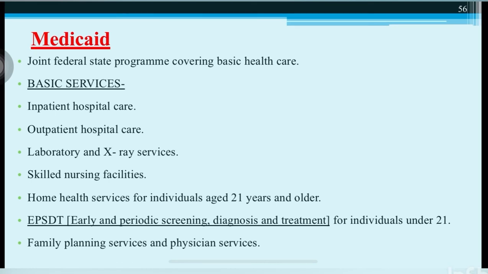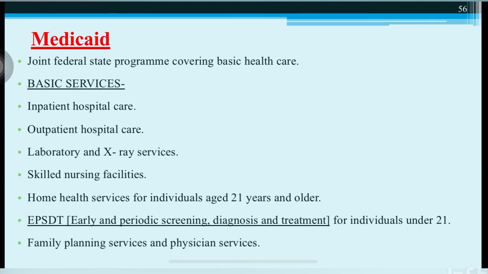Now starting off with the second thing, that is Medicaid, a joint federal state program covering basic healthcare. So basic services that are provided under this are inpatient hospital care, outpatient hospital care, laboratory and X-ray services, skilled nursing facilities, home health services for individuals aged 21 years and older.